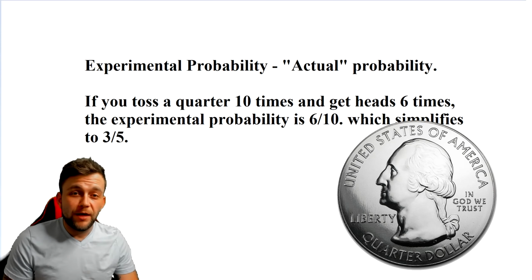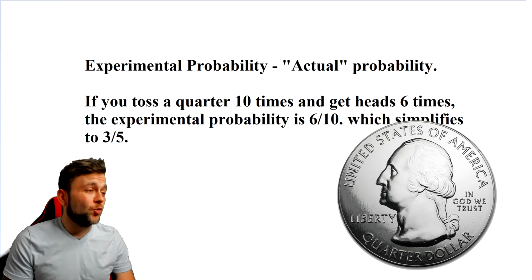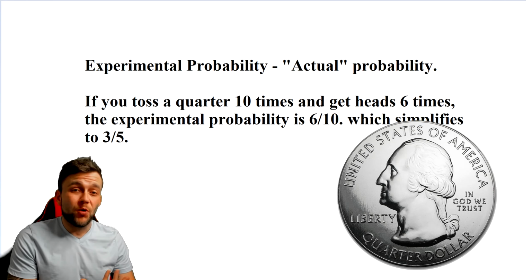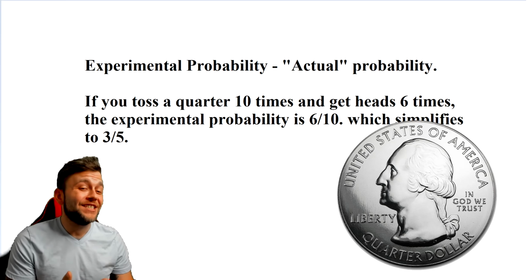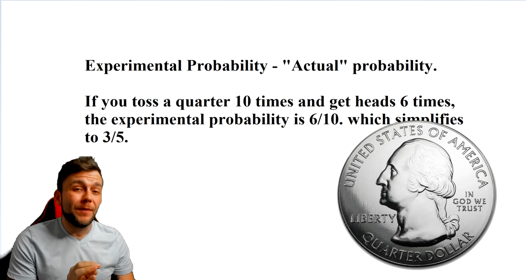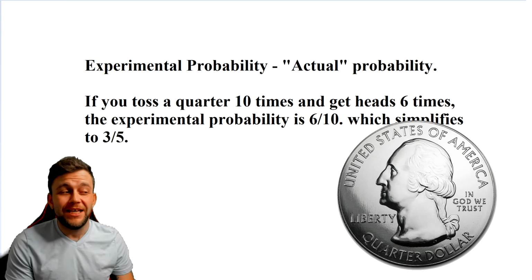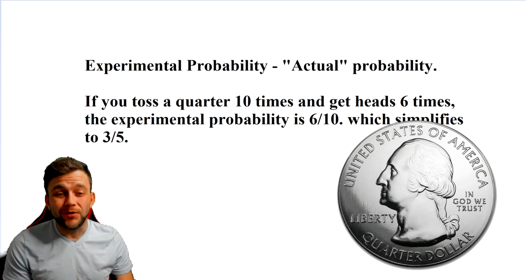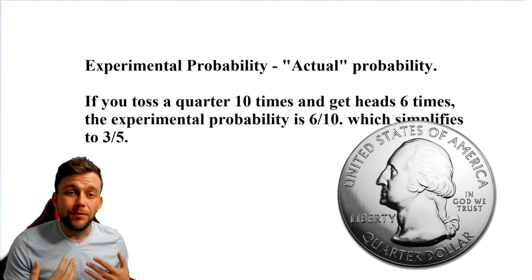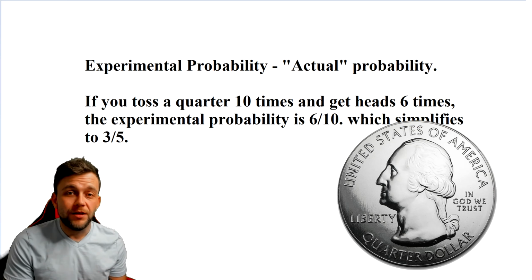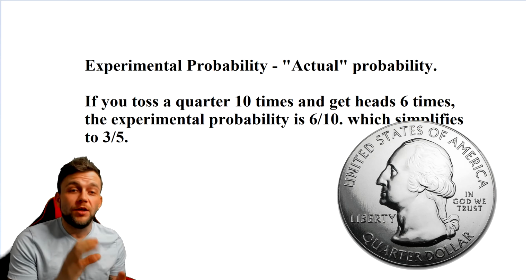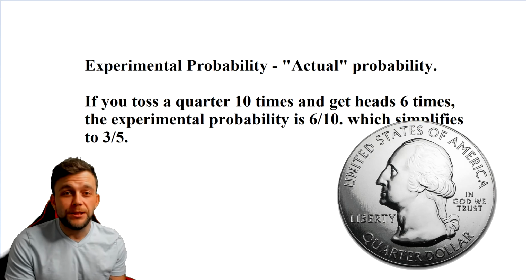The other type of probability is actual probability. If you toss a quarter 10 times and get heads 6 times, the experimental probability is 6 out of 10, which simplifies to 3 out of 5. So to put it simply, it is what you're actually doing. If you are flipping a coin, you are recording your heads and tails.